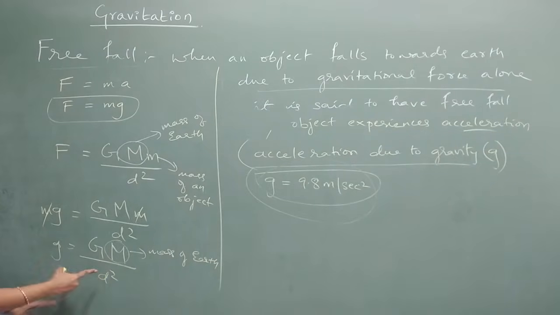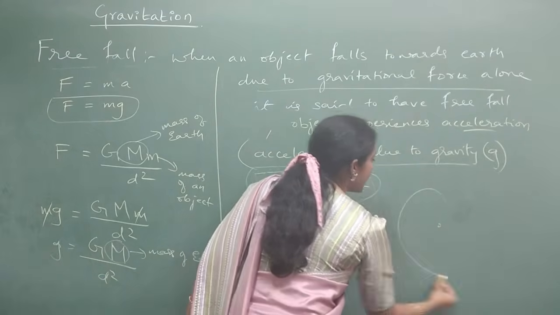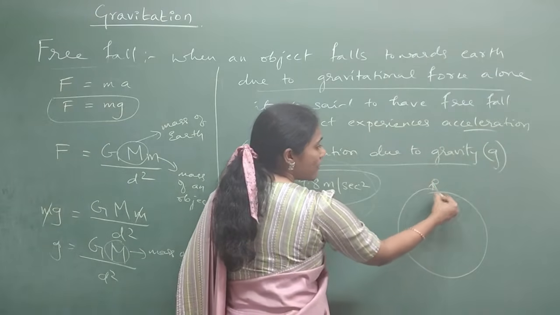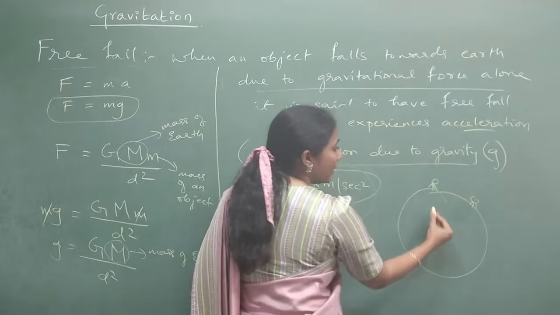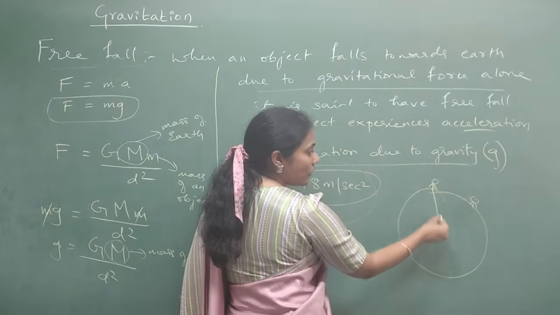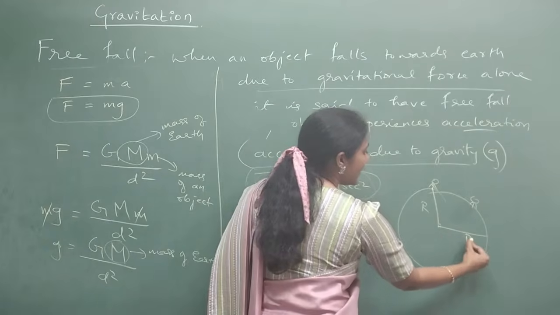D is what? Distance between the object and earth here. Suppose this is earth. Whenever an object is on the surface of earth or above the earth, the distance between the object and the center of earth is nothing but the radius, no? Even if it is at the equator, it is r.